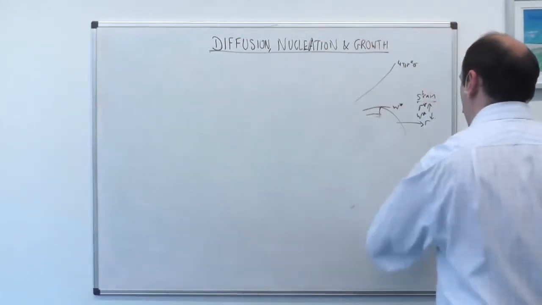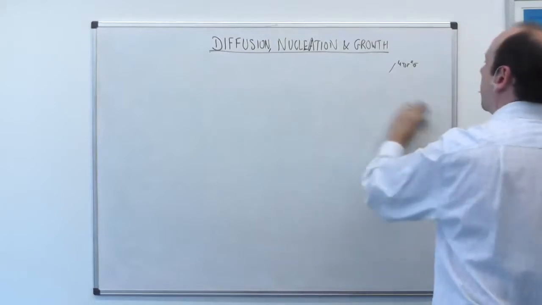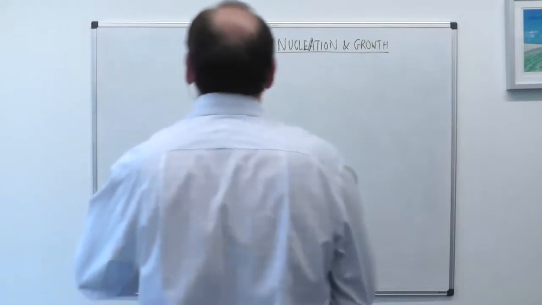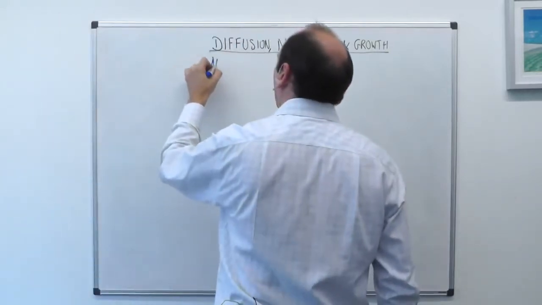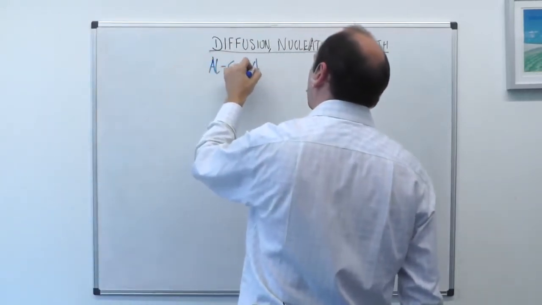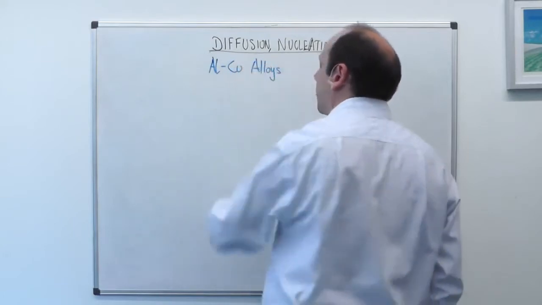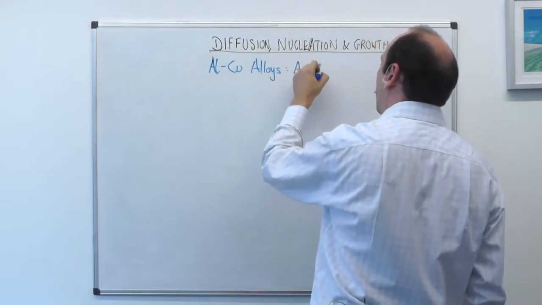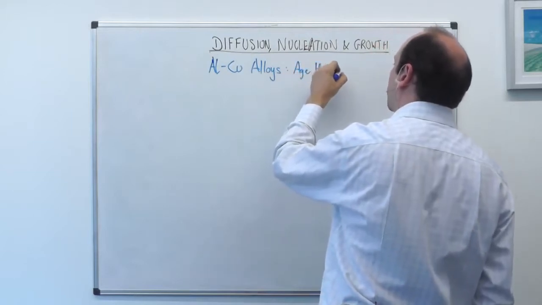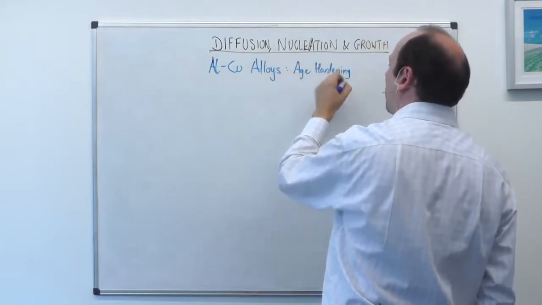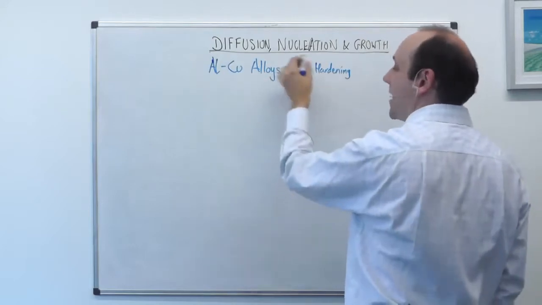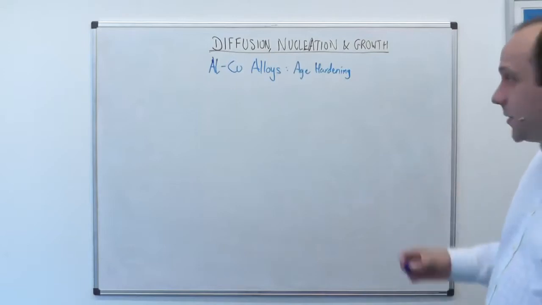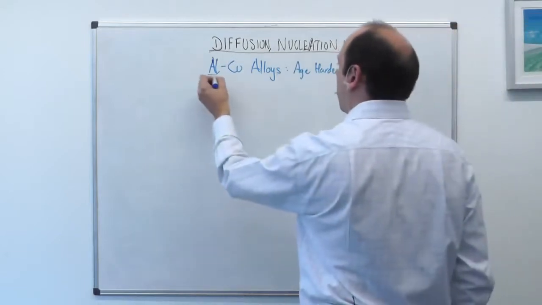So in aluminium copper alloys, so these are AlCu alloys, and they're age hardening. They precipitate out particles that strengthen them, that make them harder as you age it, as you give it time at temperature. So time at some temperatures like 200 or 300 degrees C.